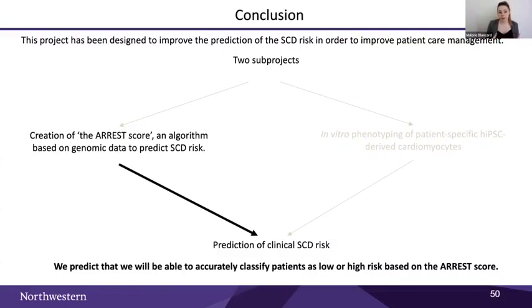But if we're able to predict the score based on genomic data, long term, the patient would have a whole genome sequencing, and the physician would be able to tell the patient, yes, you definitely need a different treatment, or you need an ICD, or you do not need one. With this, we were able to accurately classify patients as low or high risk based on the RS score.